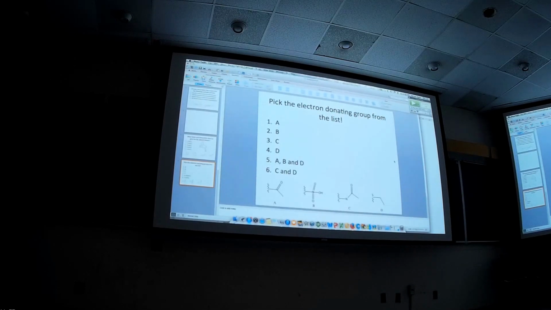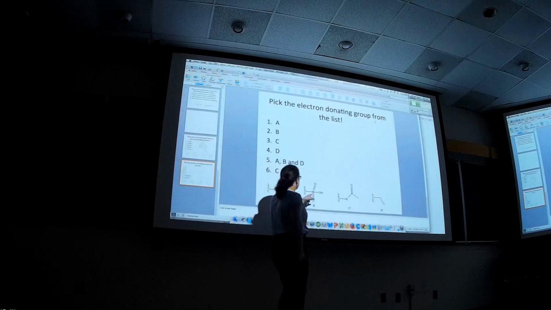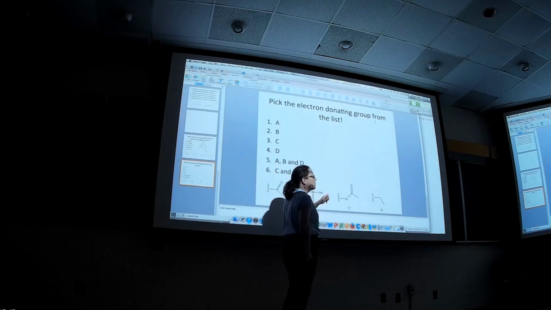This is the second question. Pick the electron donating group from the list shown. A group or groups, plural. This looks funky, I realize. That's an S. I don't know why it looks so funky.